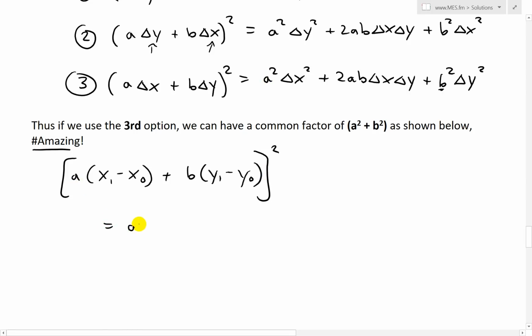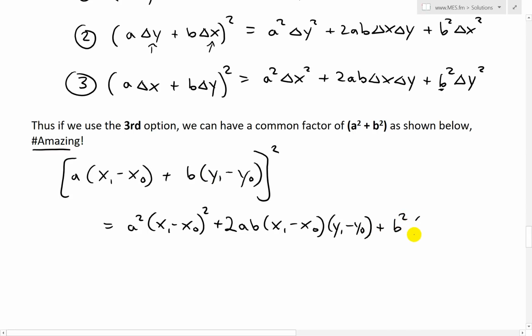This one times itself, a squared x1 minus x0 squared, plus this times this, ab x1 minus x0 y1 minus y0, and then this by this, we're going to have a second term of that, so 2, and then plus this times itself, b squared y1 minus y0 squared.